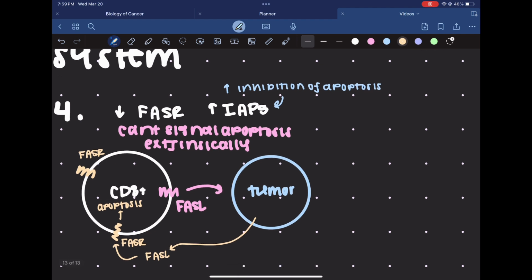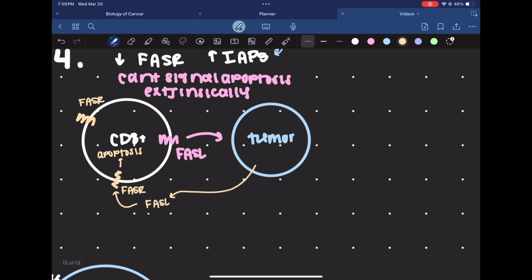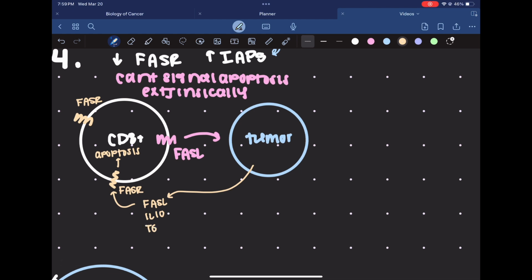Along with that, we're going to secrete a couple other molecules. We'll secrete interleukin 10, I abbreviated IL-10, and we're also going to secrete TGF beta. Now, these two molecules are going to be activating Tregs, which, as their name implies, are these regulatory cells that keep our immune system in check.